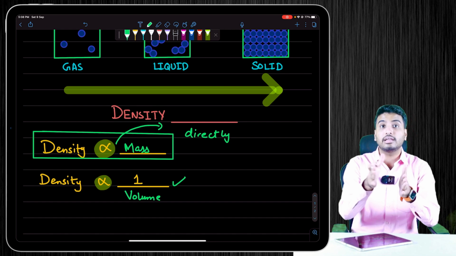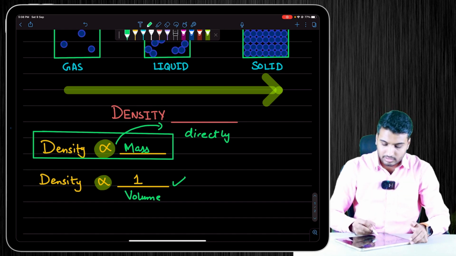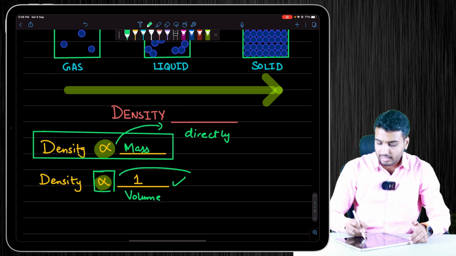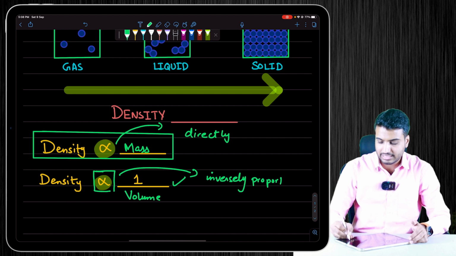When it has 1 after it, then this symbol means inversely proportional, which means if one thing increases, the other decreases.